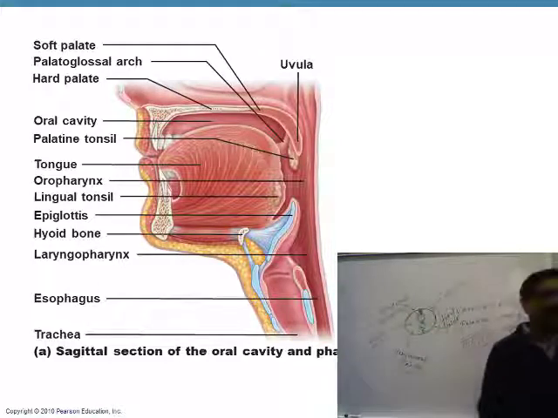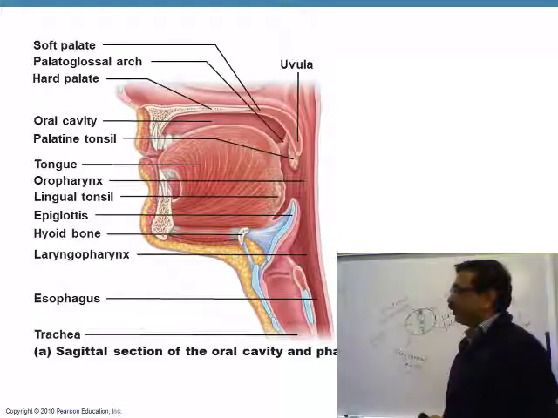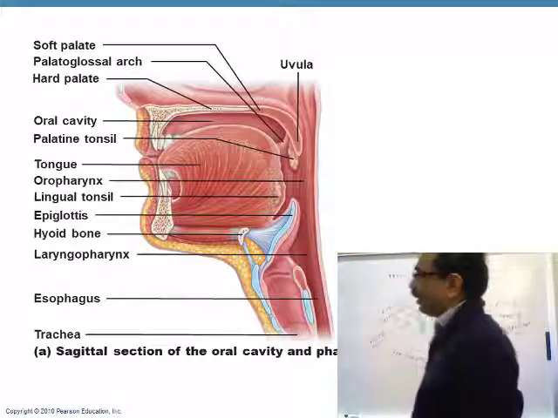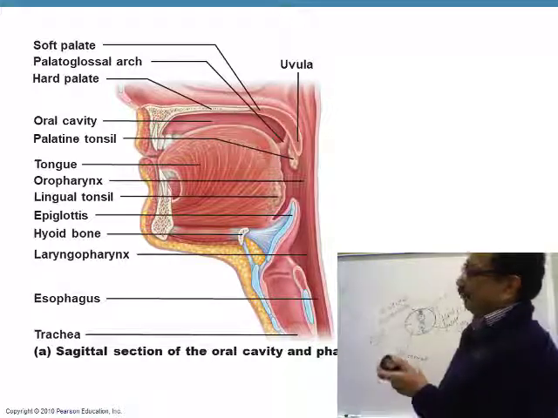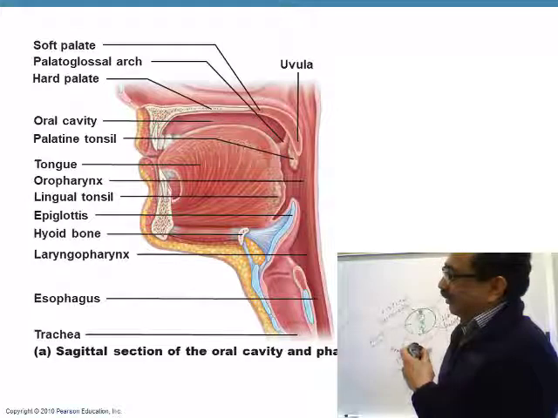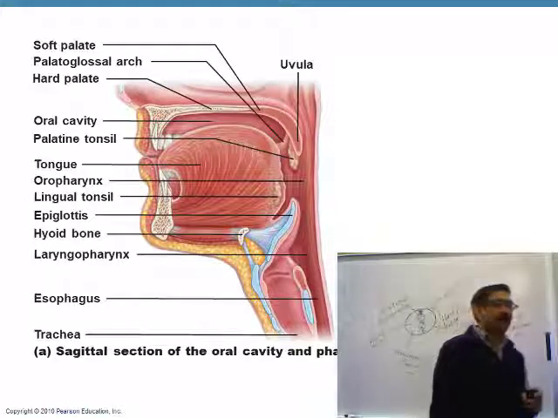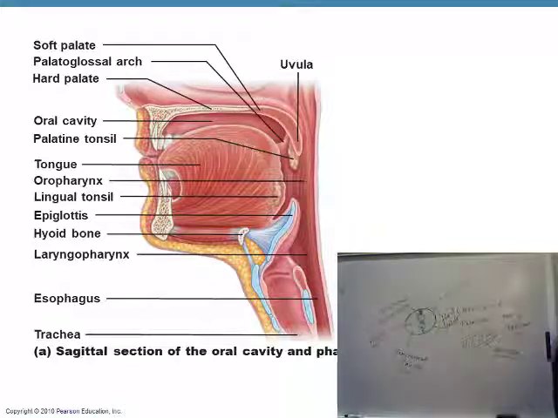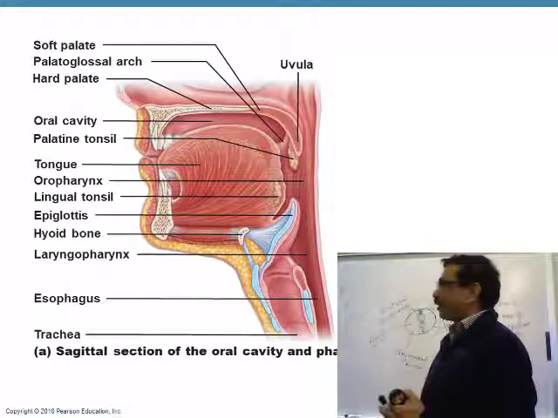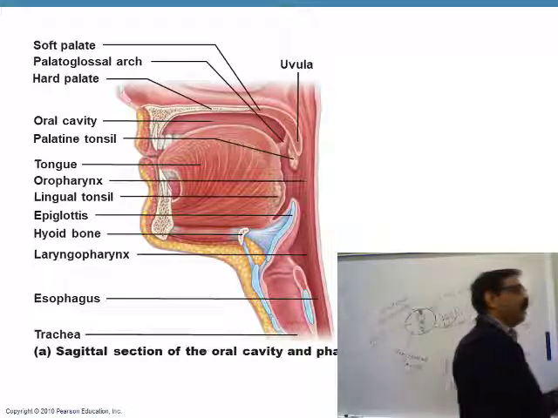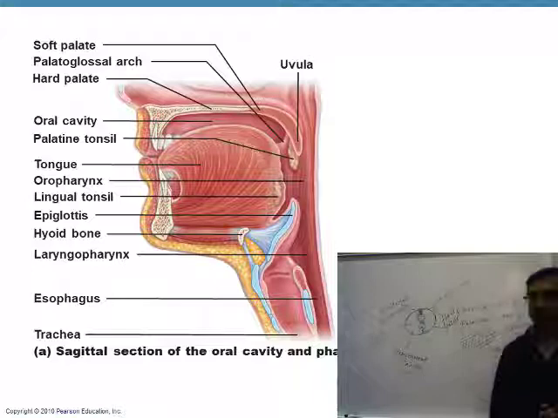So you see, the vestibule is the area between the lip and the gum, and the lip is attached to the gum by a small piece of tissue here in the middle. This small piece of tissue structure is called the labial frenulum.